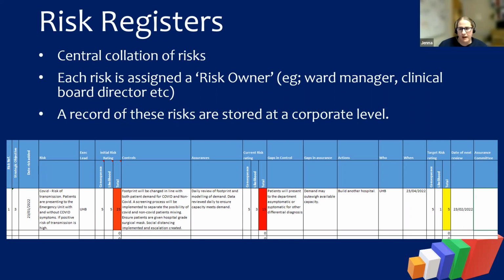Now, when we talk about assurances, they are obviously that data that I spoke about, the data that we can provide to the clinical board, to the health board, to senior management, that this control that we've put in place is effective and meeting what we need to do. So to provide those assurances, I'm going to do a daily review of the footprint and the demand that is required in there.